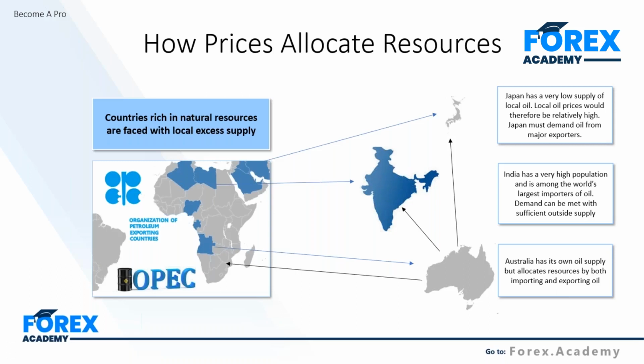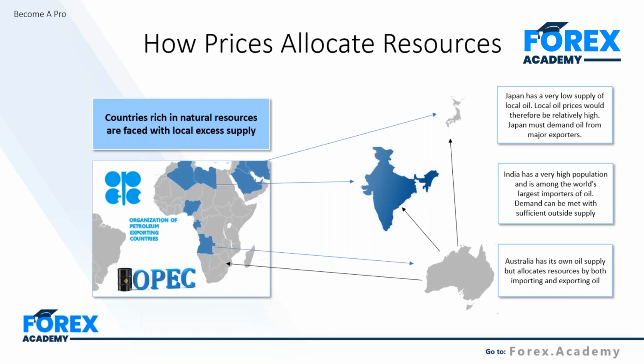So here we have, of course, the OPEC countries able to manipulate price, but they have supply. They're in control of supply, evidently, to a certain extent. So we'll use a few examples here. Japan has a very low supply of local oil, so they're not big producers of oil. Local oil prices would therefore be relatively high if they were also producing a very low amount.